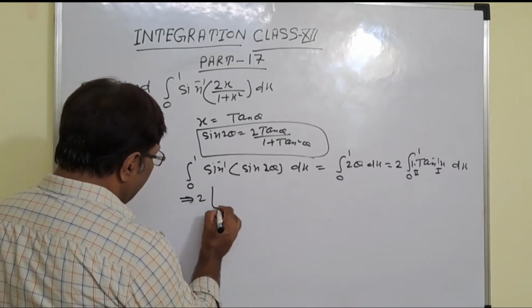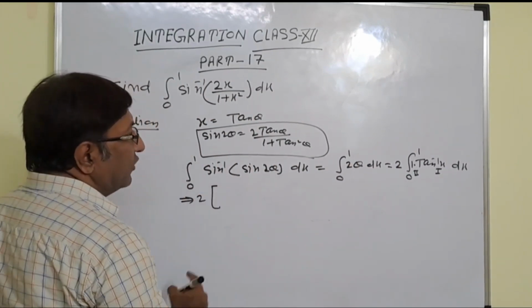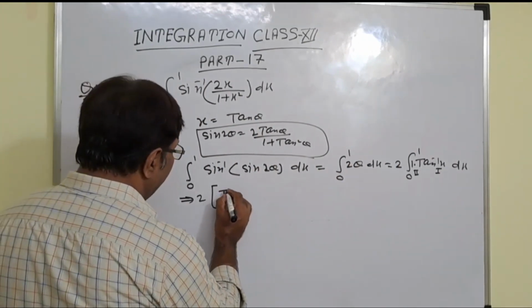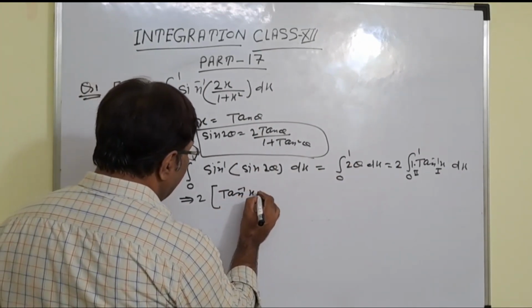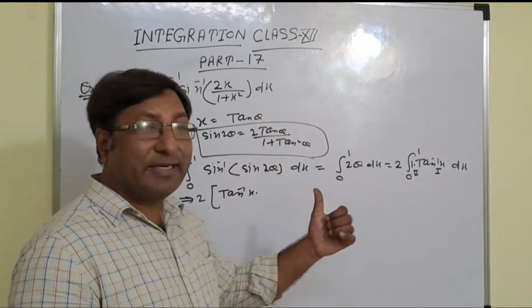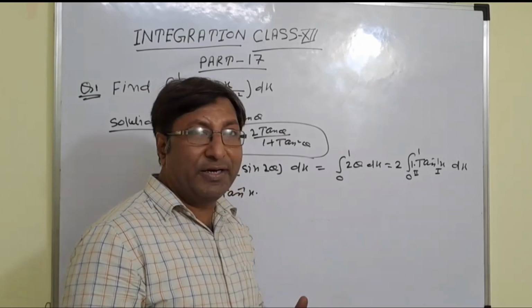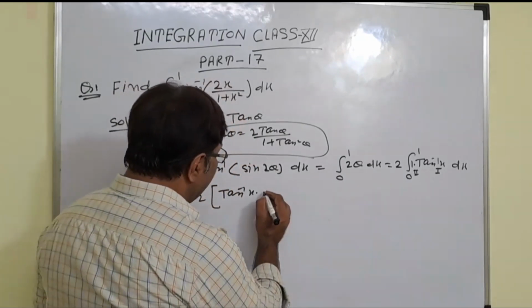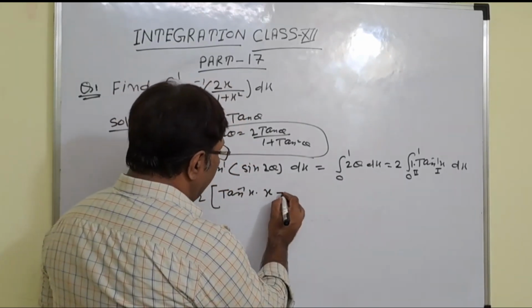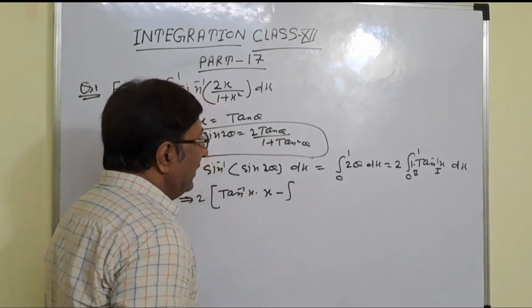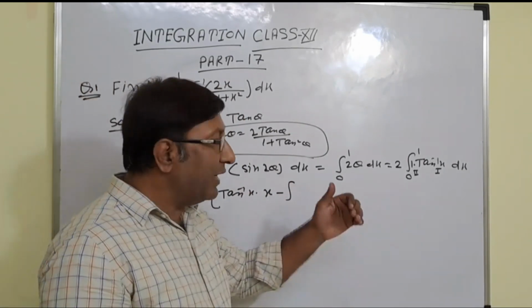Integration by parts: leave the first, that is tan inverse x. And now the integration of the second function. So the second function is what? 1. So the integration of 1 is what? x. So we will write here x. Now minus integration of the derivative of first.